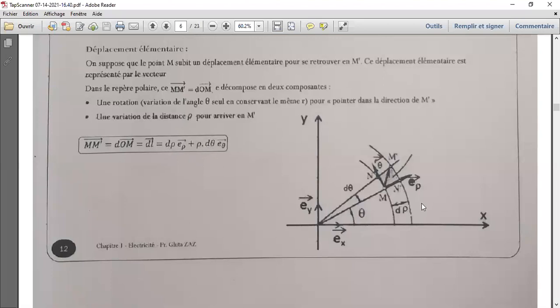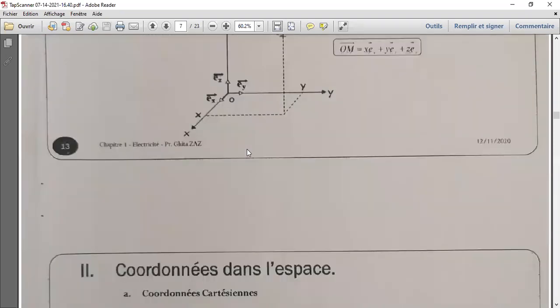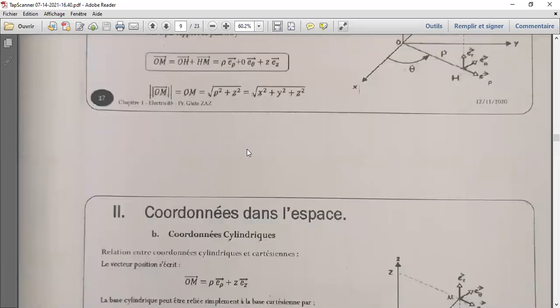Move first d theta without changing the rho, which is rho times d theta, and after that you move to point m prime. If you know this formula, then you add plus dz, and you have found the déplacement of cylindrical coordinates.